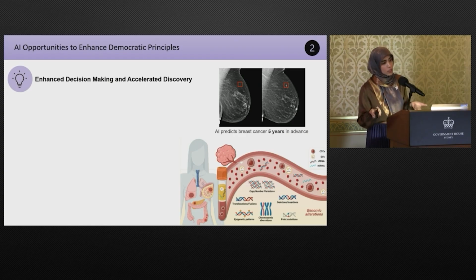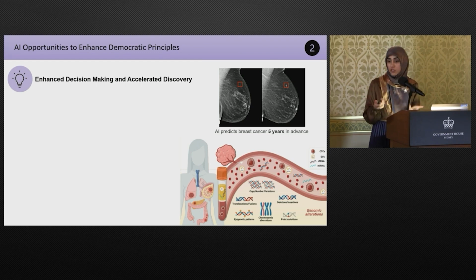And with sequencing technologies, genomics technologies or next-generation sequencing technologies, we have the ability to measure several thousands of molecules. And this is an area which is inaccessible to humans. This is a playground of AI.